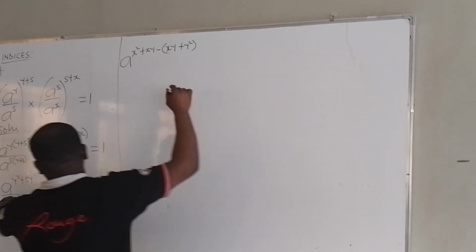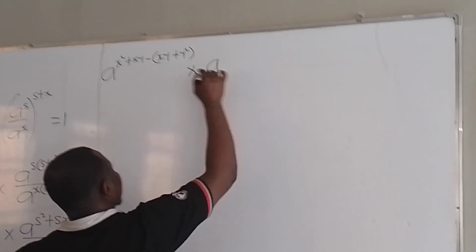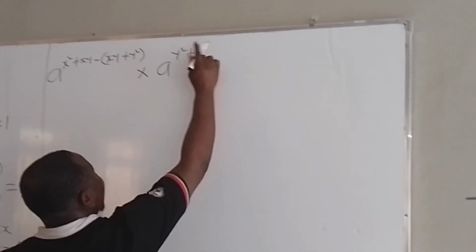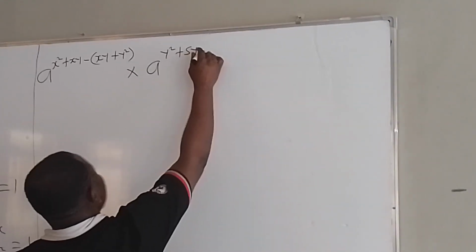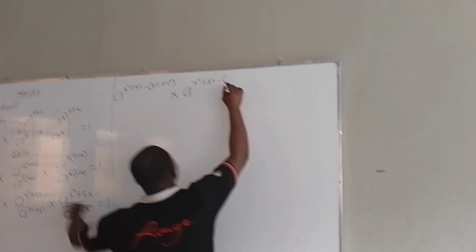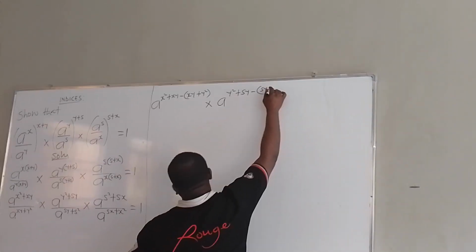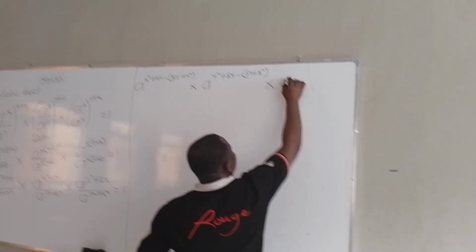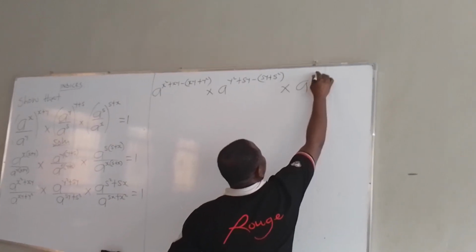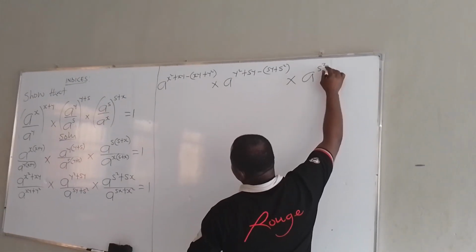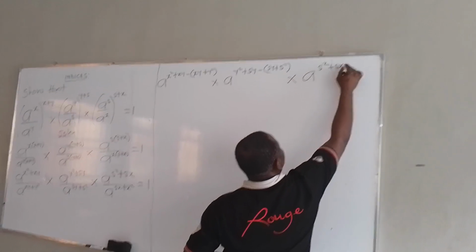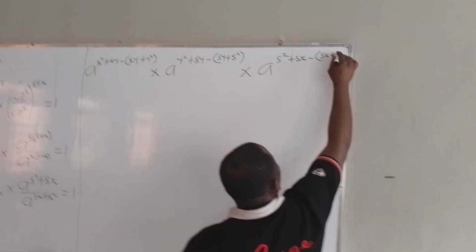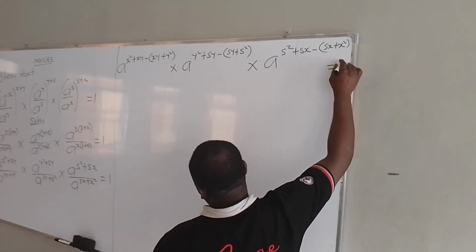The same thing applicable here, times a raised to the power of y squared plus sy, not 5, please take note, sy, minus the same thing applicable, which is sy plus s squared, times the same thing applicable, a raised to the power of s squared plus xs, minus curly bracket xs plus x squared, which is equals to what?